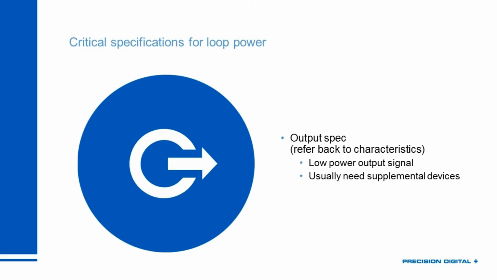So when you're using the outputs, you've got to be aware of how you're going to use them and determine what supplemental devices might be necessary to make up for the fact that your loop power device can't drive high power outputs. If you don't, you're going to find yourself in the field not able to run things, or you're going to put too much power through one of the outputs and risk damaging your device.